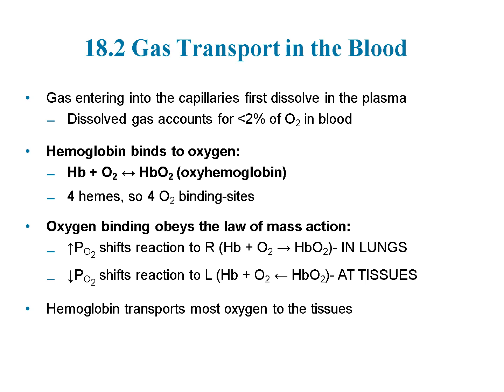At the tissues, where oxygen levels are lower, the reaction shifts to the left, causing oxygen to be released from hemoglobin. This allows oxygen to diffuse into the tissues, where it is used for cellular respiration. Hemoglobin plays a vital role in ensuring that most of the body's oxygen is efficiently transported and delivered to the tissues that need it the most.